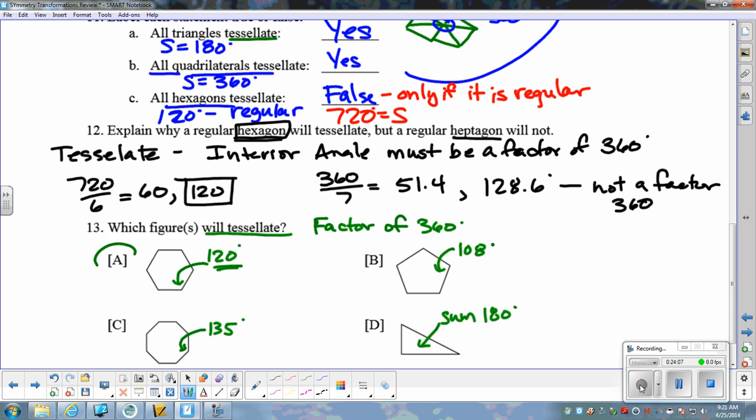So 360 divided by 120 will work. This is a hexagon. Regular hexagons will tessellate. B, 108 does not go wholly into 360, neither does C. Lastly, as we said before, D, the triangle, because its entire sum is 180 degrees, all triangles will tessellate.